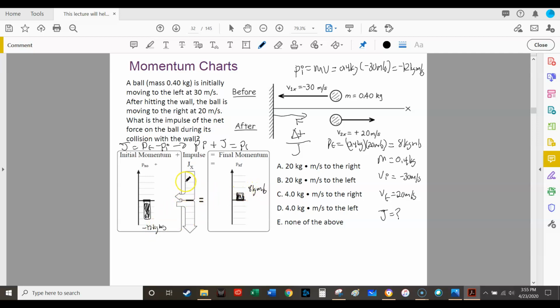Well, let's take a look at this. This force is to the right. That means the J vector is also going to be to the right. That force times time is equal to the J vector, and that's going to be to the right. And in order for this negative 3 blocks to be equal to a plus 1, we've got to add 4 blocks to this, right?